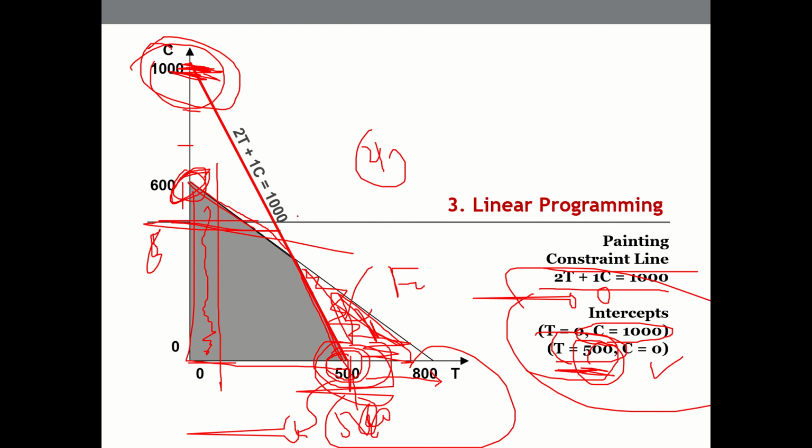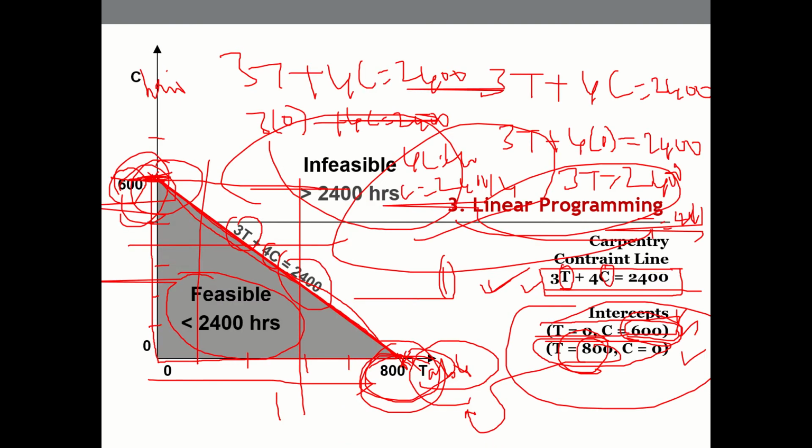Why didn't we take the carpentry constraint line also? Because it was also specified that some 2,400 hours are available. This is the first line. See, actually, it is a progressive diagram.